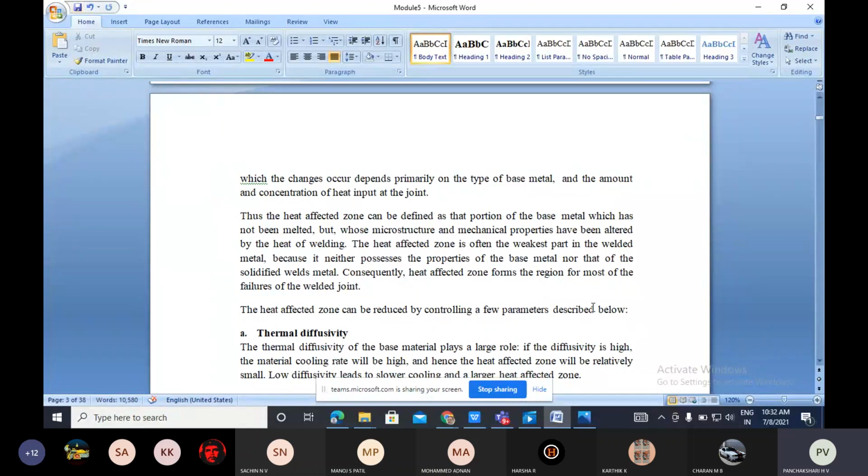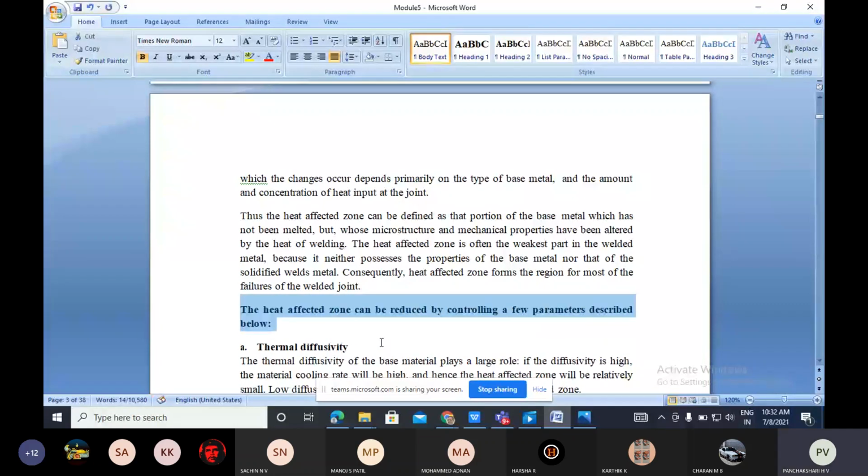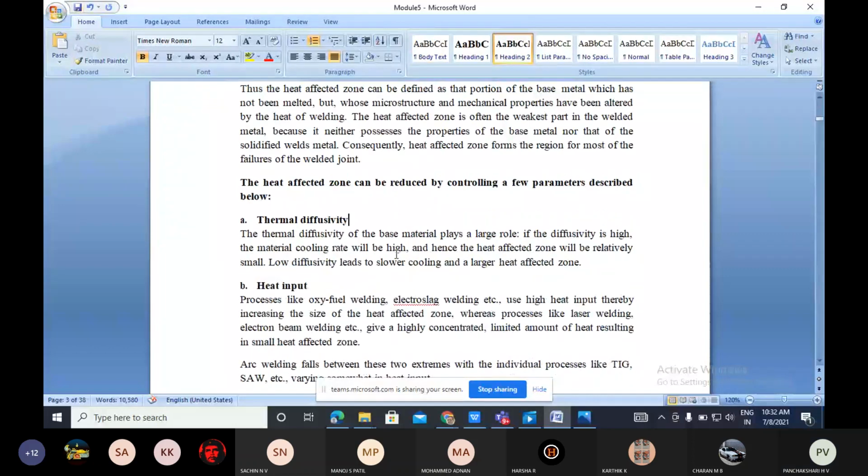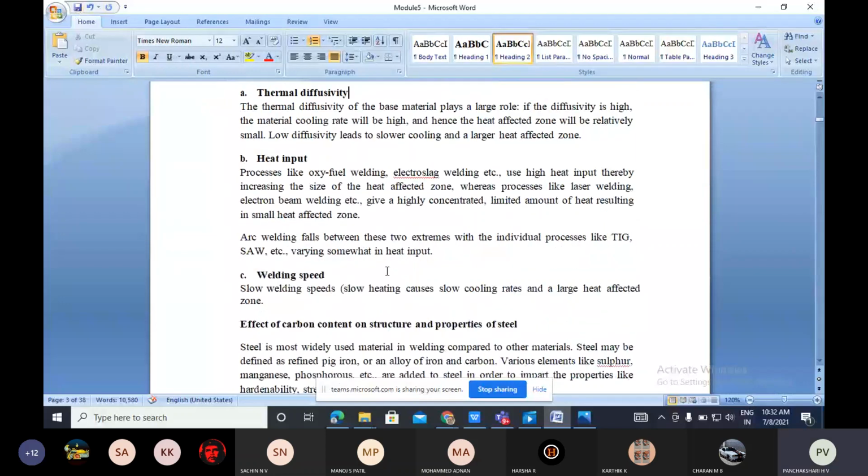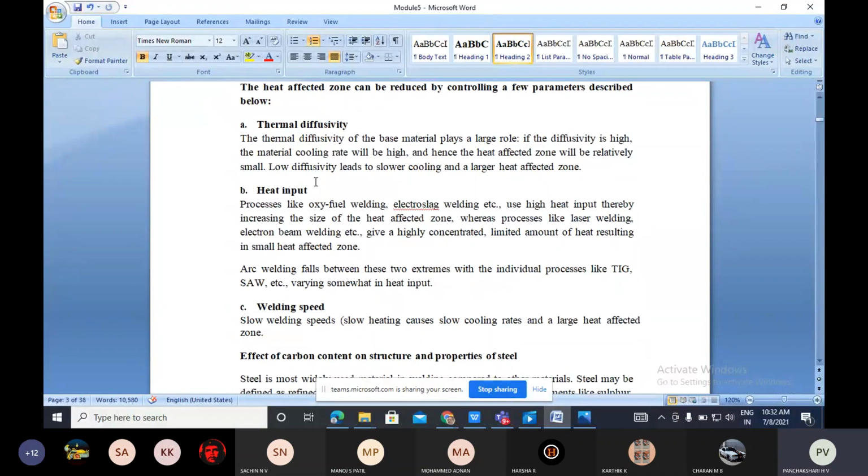What are the parameters which can be used to control the heat affected zone? They are these, which I already explained: thermal diffusivity, heat input, weld speed. By controlling these, the heat affected zone can be reduced. It cannot be completely eliminated. It can be reduced.